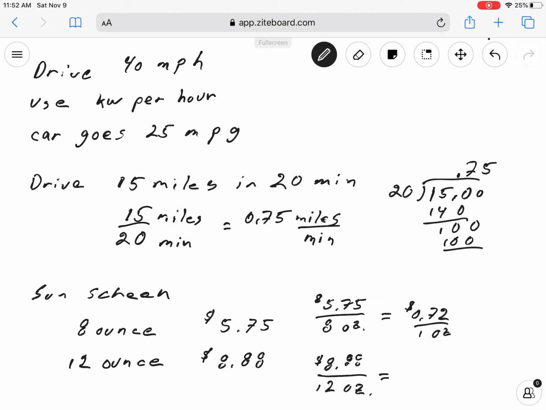And if I do the math for the 12-ounce bottle, I'm actually going to get 74 cents for 1 ounce. So actually, the 8-ounce bottle is the better deal. Okay? So for comparison purposes, we often do want to use unit rates, especially when we're shopping.